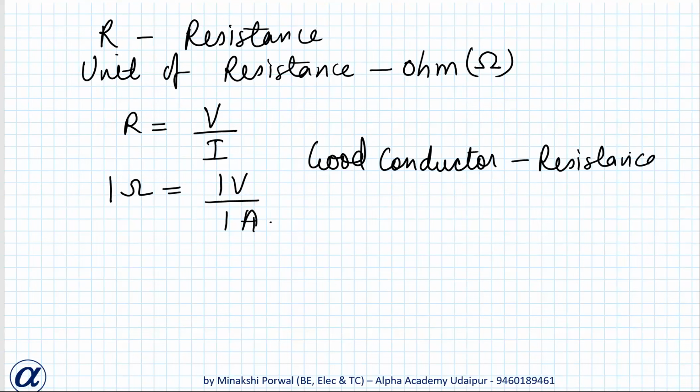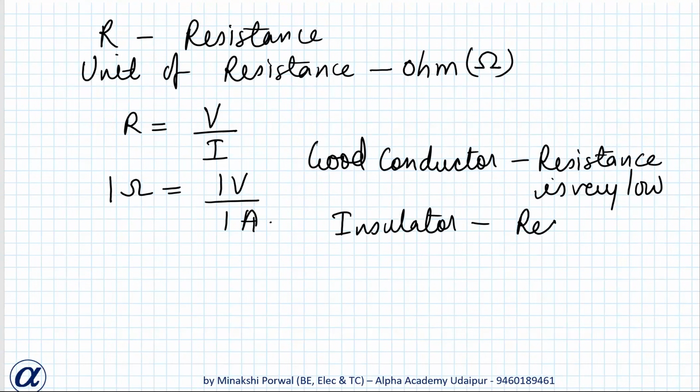Good conductor का मतलब resistance very low होगा, तो it will allow current to flow through it. And if I say insulator, that means resistance is very high. Very high means it will not allow any current to flow through it.